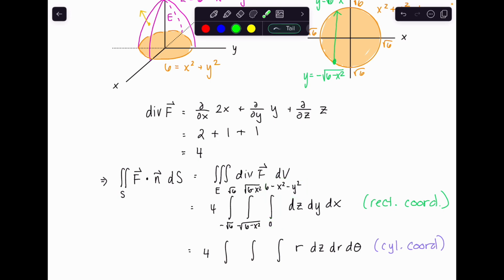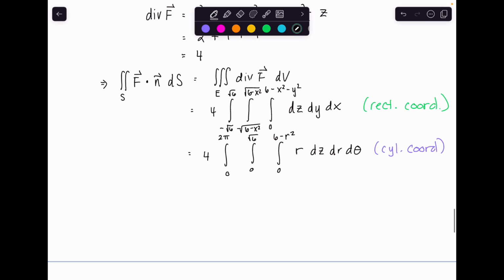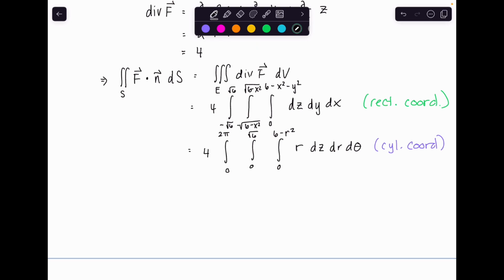This still goes to 0. X squared plus y squared turns into r squared. So the bounds on z are 0 to 6 minus r squared. Then my r bounds, the radius of the circle is root 6, so it goes from 0 to root 6. And then we go all the way around the circle, so we go from 0 to 2 pi. So again, much nicer integral, not as complicated bounds, not as many variables in here.